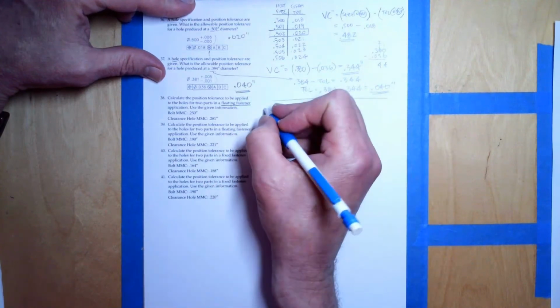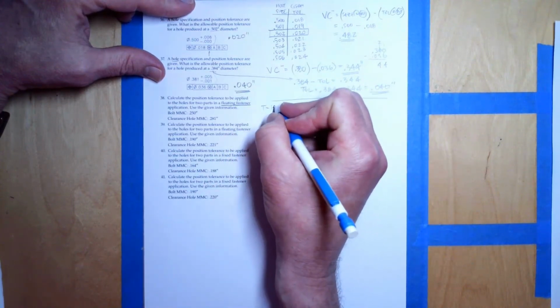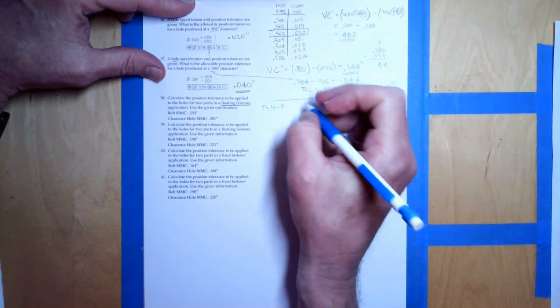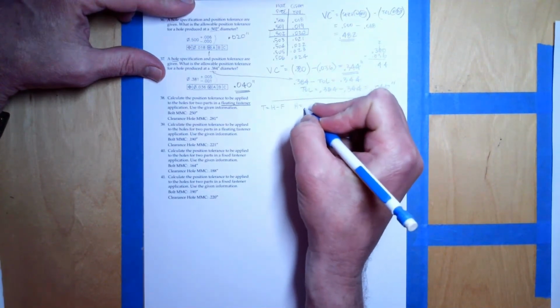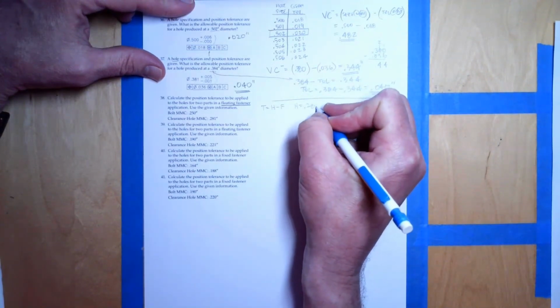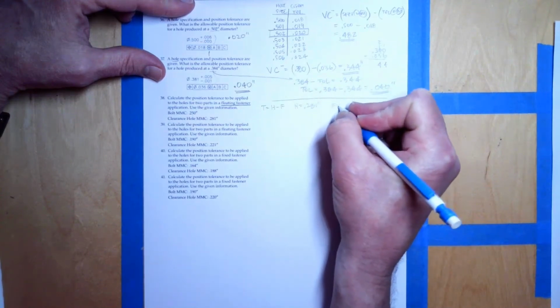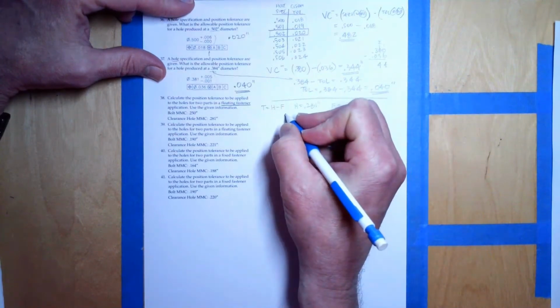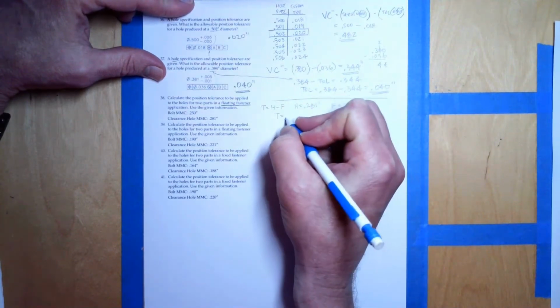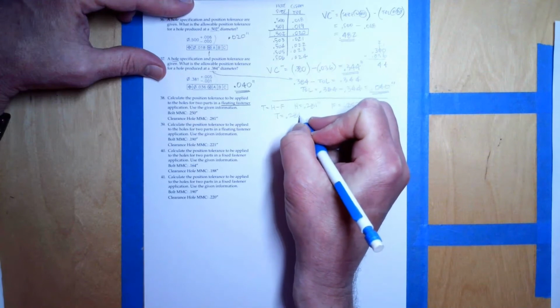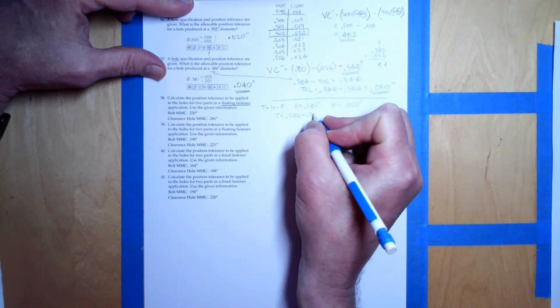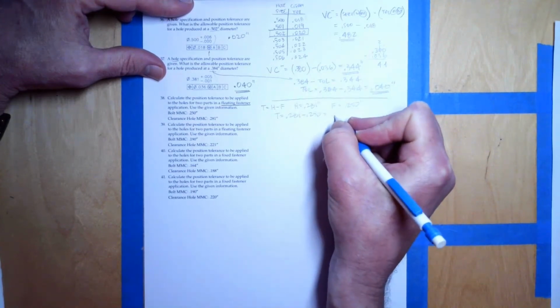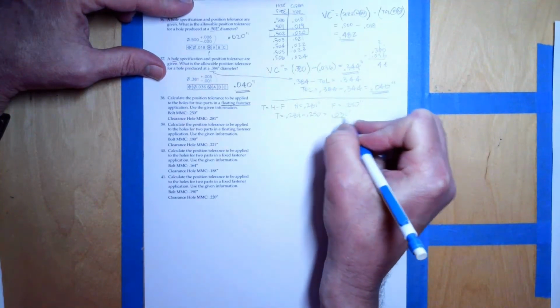Remember, the floating fastener equation is T equals H minus F. In this case, H equals 0.281, F equals 0.250. So therefore, T equals 0.281 minus 0.250 equals 0.031 inches.